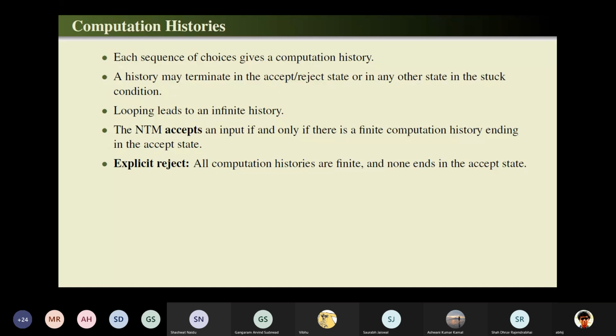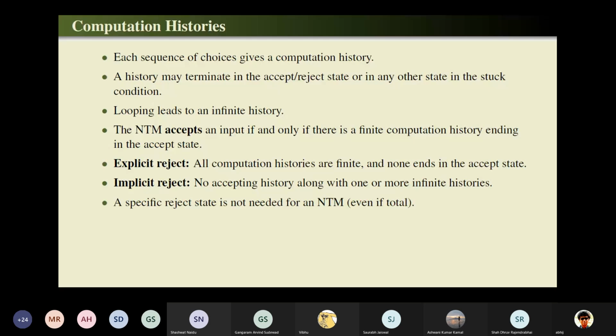Explicit reject is clear, right? And implicit reject means there is no accepting history, along with one or more infinite histories. And you see that a specific reject state is not needed, but you can have it anyway, doesn't matter.